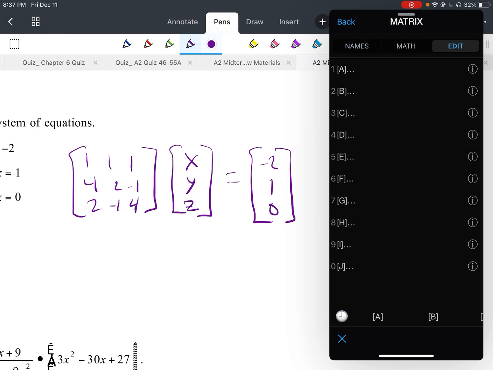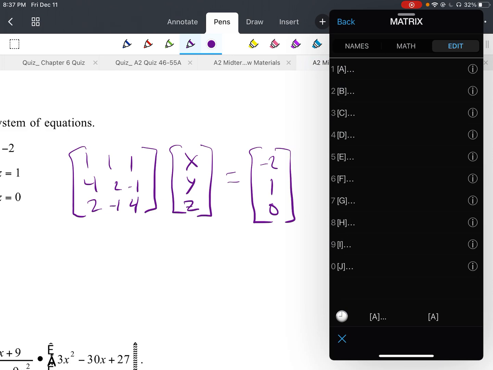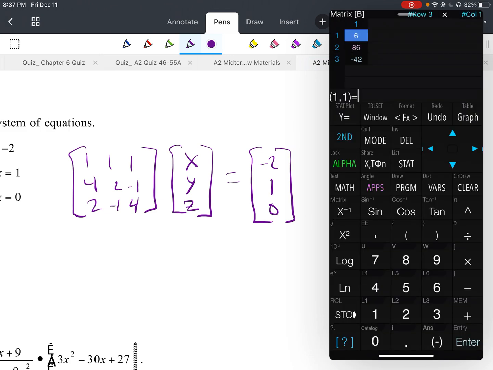All right, we'll go to matrix edit first, and in matrix we'll just go 1, enter, 1, enter, 1, enter, 4, 2, -1, 2, -1, 4, and we're done. Okay, and we'll also go to matrix edit B, and we'll just put -2, 1, 0. Done. All right, now you've got matrix A and B, and the key on this one, let me show you the formula, okay?